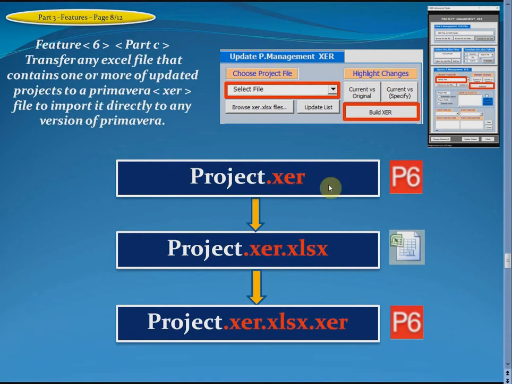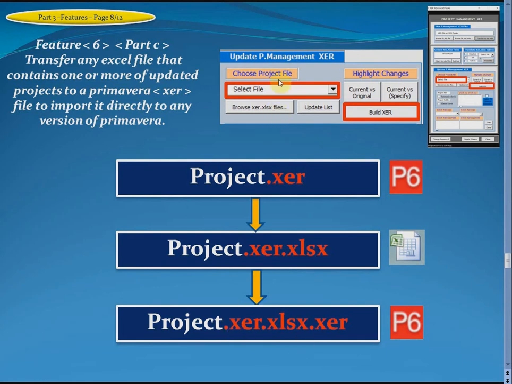Feature number 6, part C, you may need to build the Primavera file from the updated Excel file, so you can use this part of the Magic Tool. If the Primavera file has this name and it has been converted to an Excel file with this name, the project file will have this name, and it can be imported directly to the Primavera program.